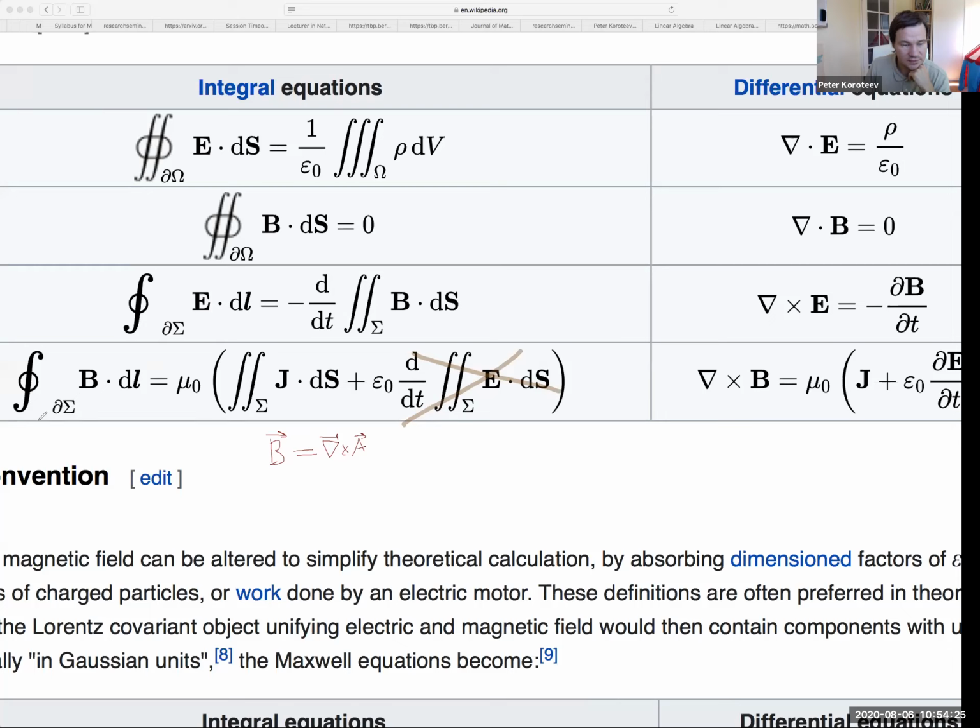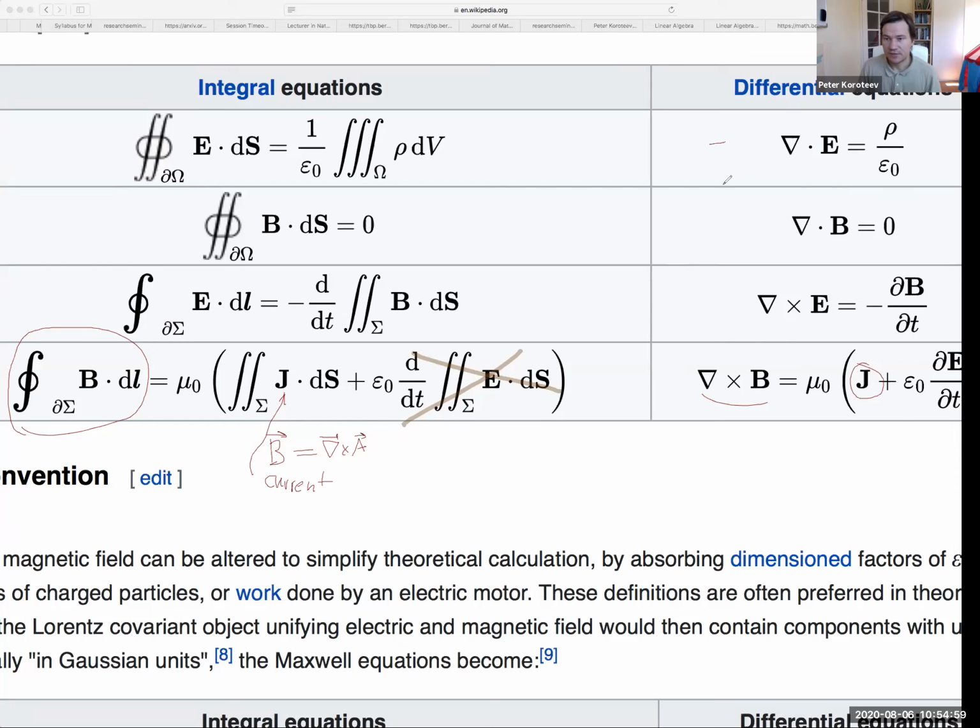So we have a circulation integral of B, and that's equal to the area integral of the current, right? So it's the current density. It's the current that goes through, and if you write this in terms of differentials, you get curl B is equal to the current density.